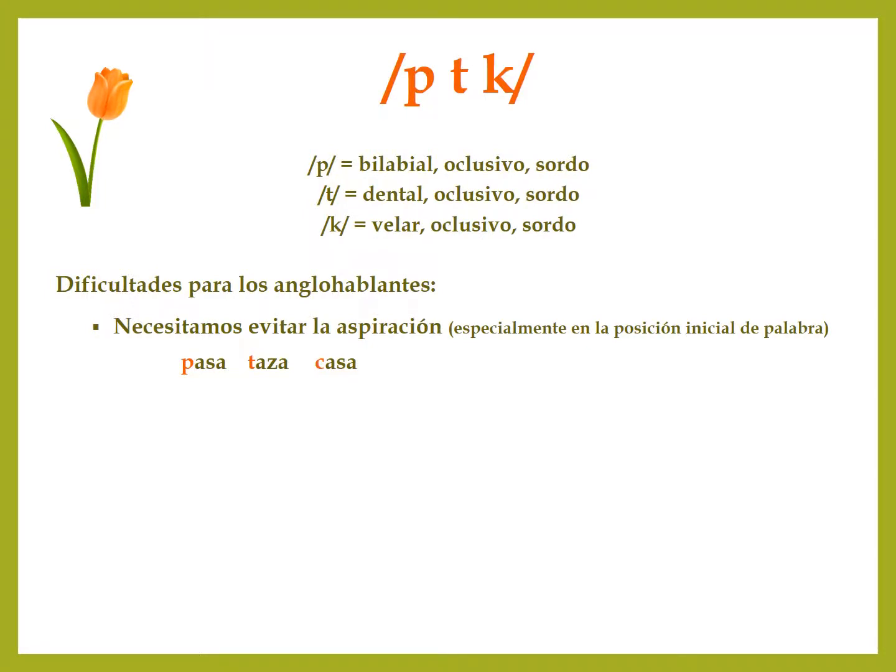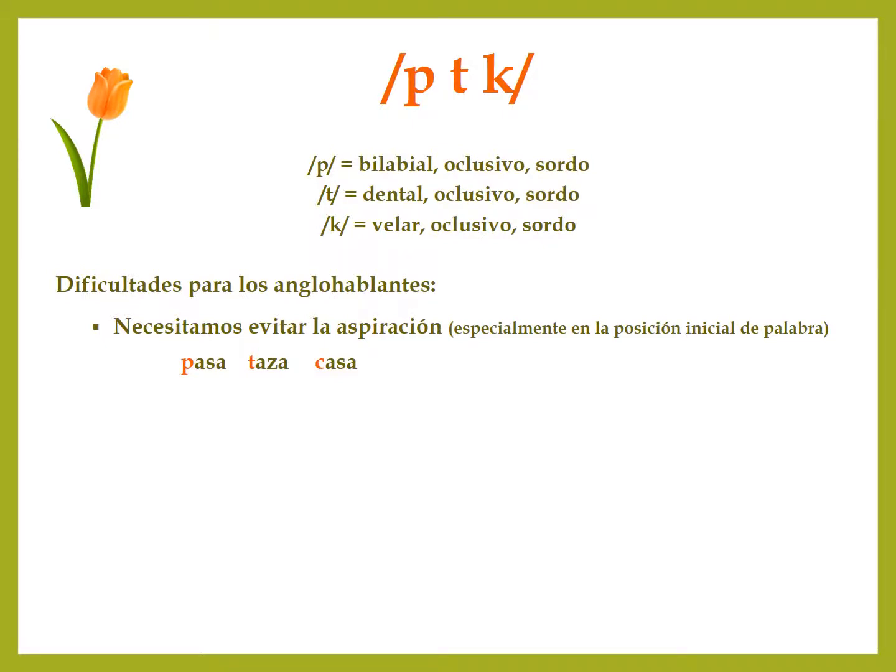So if you put your fingers up in front of your lips, let's say about an inch or two away from your lips, make the sound p like you think you should. Just say p, p, and now t, t, and k, k. You should feel a little bit of breath.